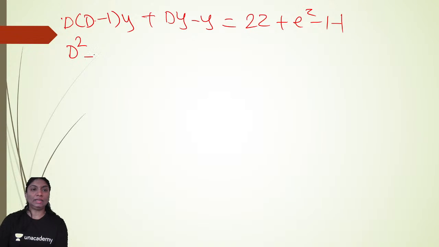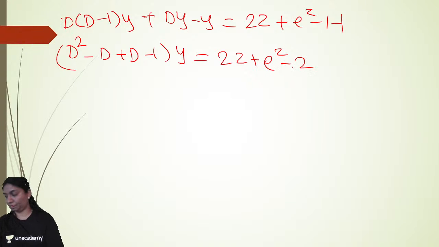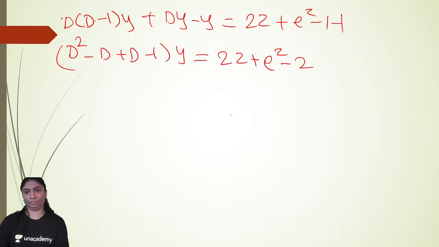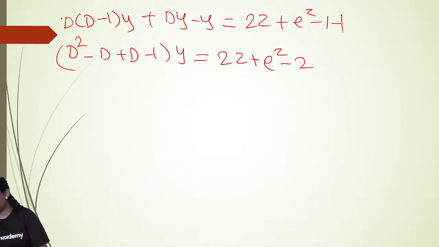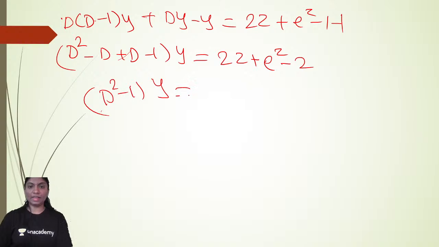So here d square minus d plus d minus 1 of y is 2z plus e raised to z minus 1 minus 1 minus 2. Okay. So plus d minus d cancel out. You will get d square minus 1 of y is equal to 2z plus e raised to z minus 2.